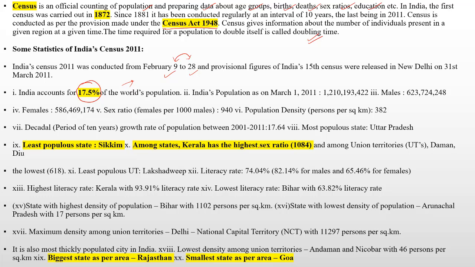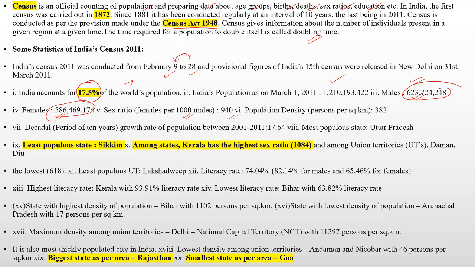The main things I just told you: population on March 1, 2011 was around 121 crores. This is the figure for males and this is the figure for females, around 62 crores and around 58 crores. Sex ratio, females per 1000 males, is 940.